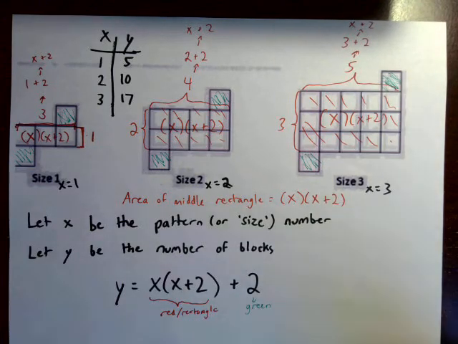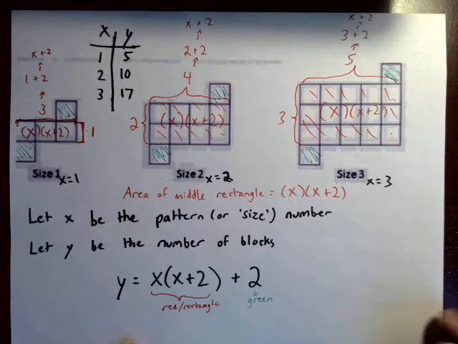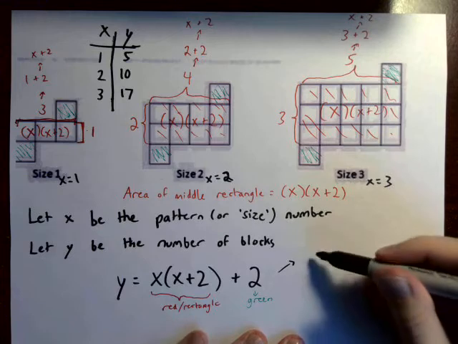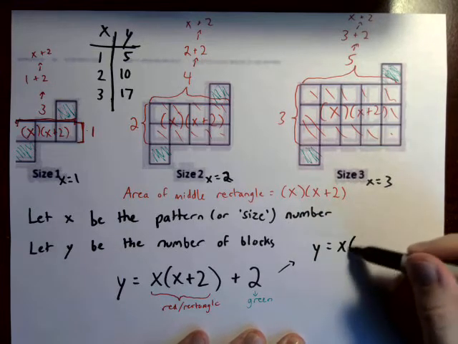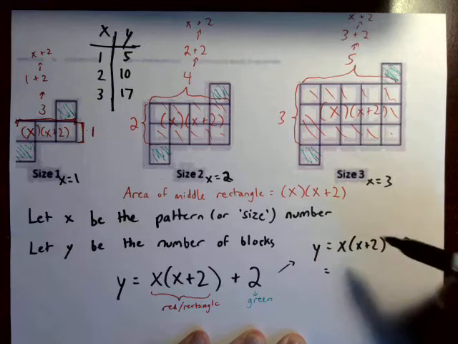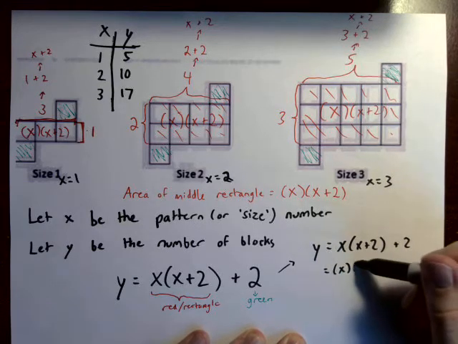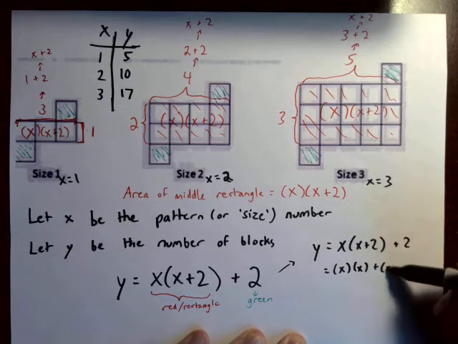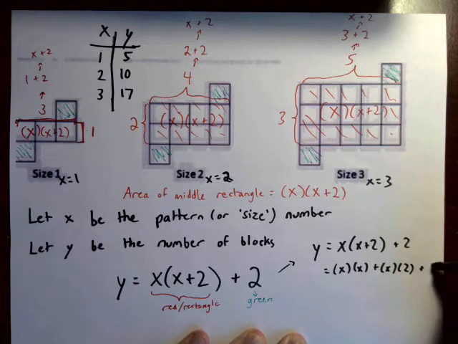And then let's just try and expand and simplify this. So since we're looking at a complex example, if you want to aim for that level 4, you're going to need to have a fully expanded and simplified equation. So if we have y equals x times x plus 2 plus 2, again, distributive property, that's like saying x times x plus x times 2 plus 2.